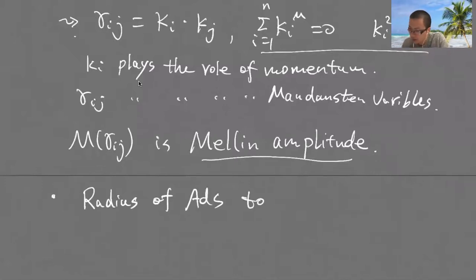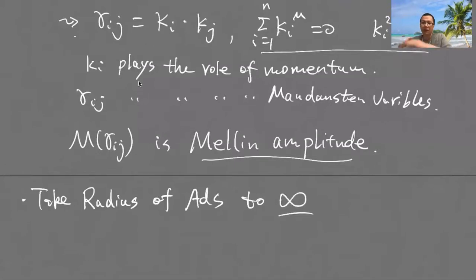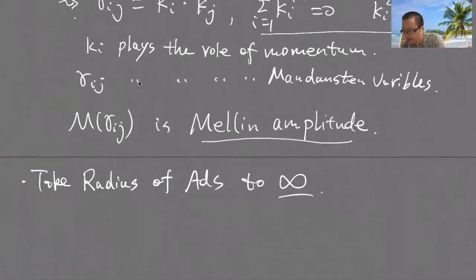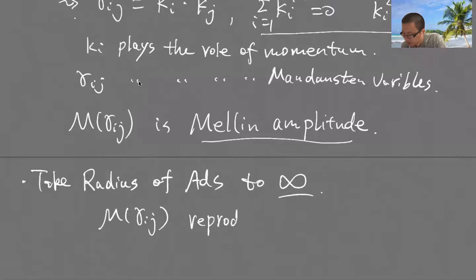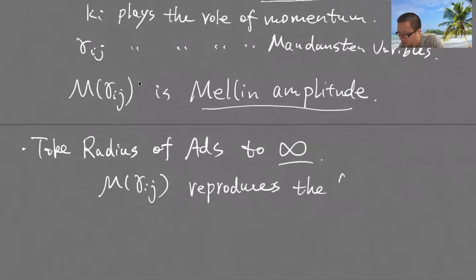Therefore, AdS becomes flat space, and the statement is that in this flat space limit, the Mellin amplitude reproduces the well-known flat space amplitudes.